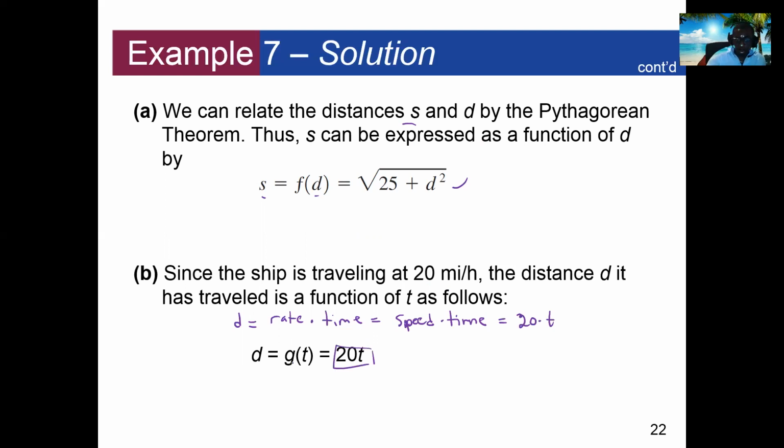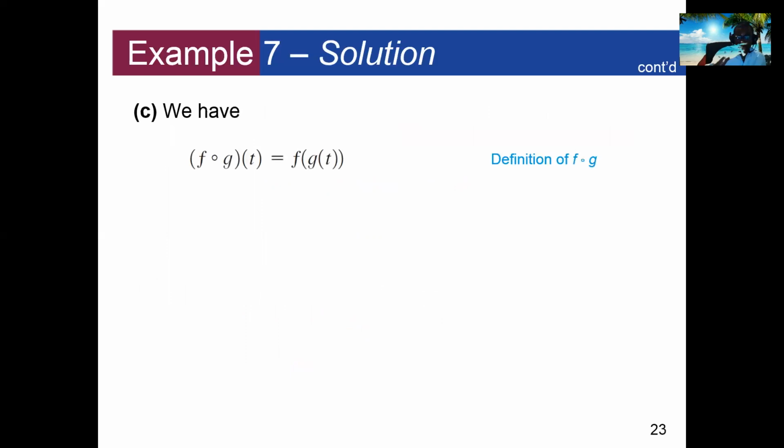So now we want to find the composite function of that. Knowing that f of d is the square root of 25 plus d squared, and my g of t is 20t, basically I want to find f of g of t, which means that wherever we see the d in the function f, we plug in g of t.